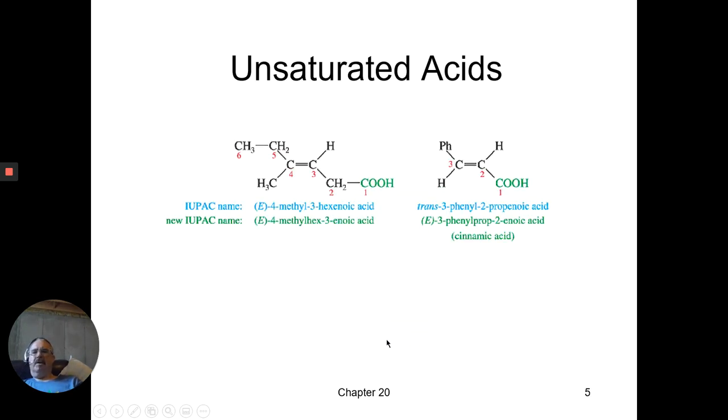Okay, here are some unsaturated acids. So this is E-4-methyl-3-hexenoic acid. The 3 indicates the position of the double bond. Right, this is 3-phenyl-prop-2-enoic acid.